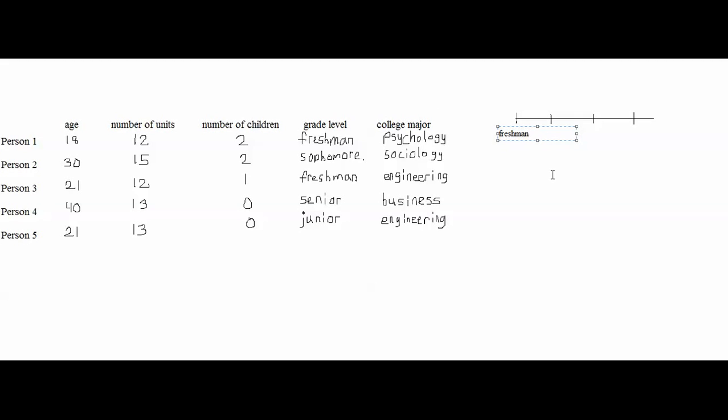This is freshman. This is sophomore. Junior and senior. We need to have a y-axis that'll show the frequencies. We'll just put some tick marks on the y-axis.